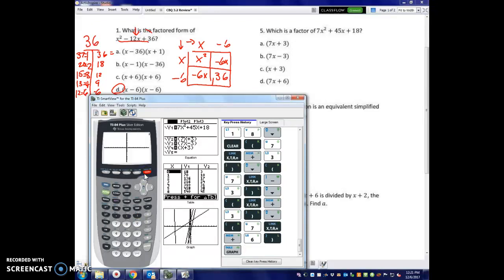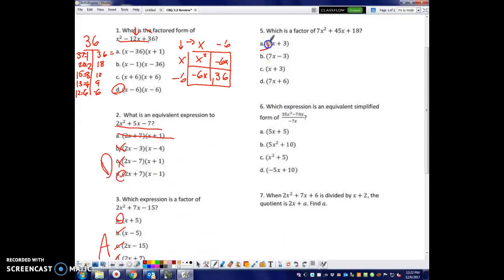Graph it. Remember, we're looking for the one that crosses at the x-axis. That one looks like it did. Not that one. Not that one. Not that one. Okay, so it was the first one, so it was A. Type them in one at a time if you want to be sure, okay?